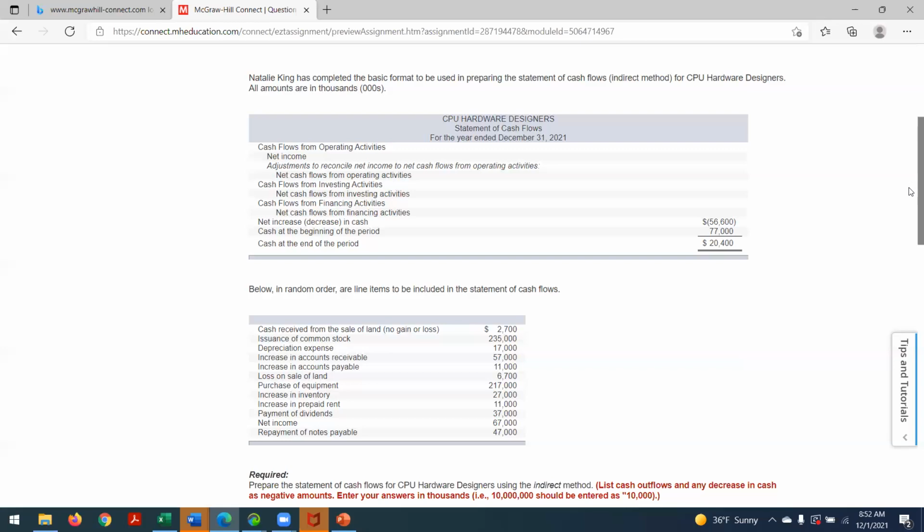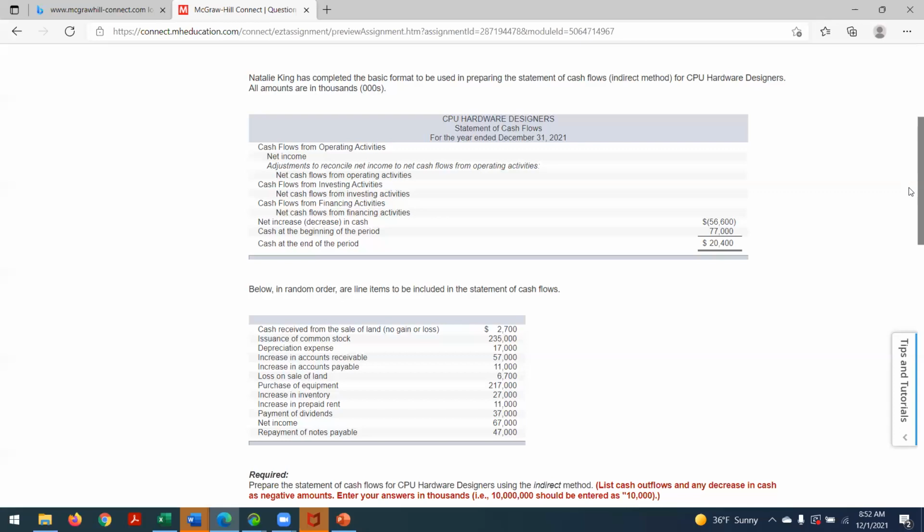The loss on a sale of land will be used as an adjustment in the operating section because that loss affects our net income. And we will add that loss back to derive at net income from operations. The purchase of equipment will affect our investing section.